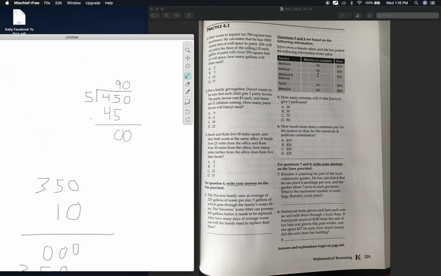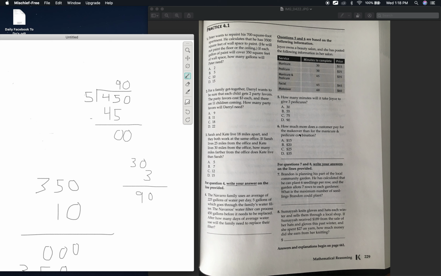So if she needs to do 3, you would do 3 times 30. Okay, so set it up. You guys know how to set up 3 times 30. Just like that. Do the problem. 3 times 0 is 0. 3 times 3 is 9. So there's your answer. It'll take her 90 minutes. So that would be D.